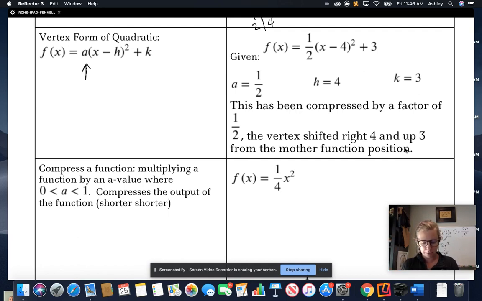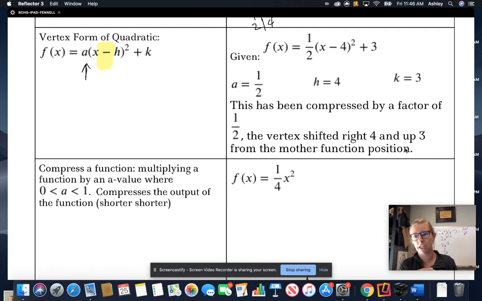So when we look at the example here, we have 1/2 times (x minus 4) squared plus 3. Our a is 1/2, so this is going to compress our function. Every output will be half as big as it used to be, so it's going to be half the height that it would have been before. h in this case is +4 because when we look at this equation, we subtract. So if you still see the subtraction sign, the actual h value is positive.